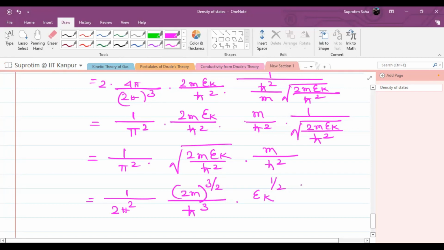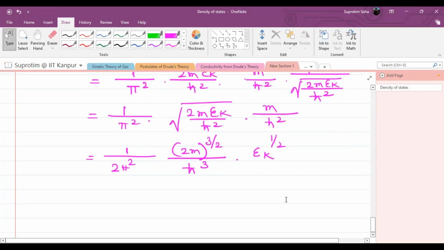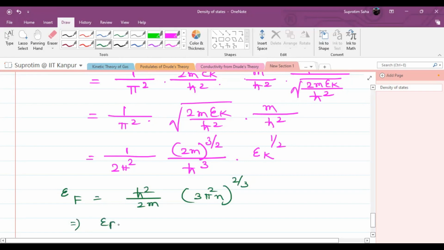Simple. This is just a simple manipulation, and there's a reason I'm writing it discretely like this, because from earlier lectures, you know the definition of the Fermi energy, which is h squared over 2m times 3 pi squared n raised to 2 by 3, which implies EF raised to 3 by 2 is h cubed over 2m raised to 3 by 2 times 3 pi squared n.